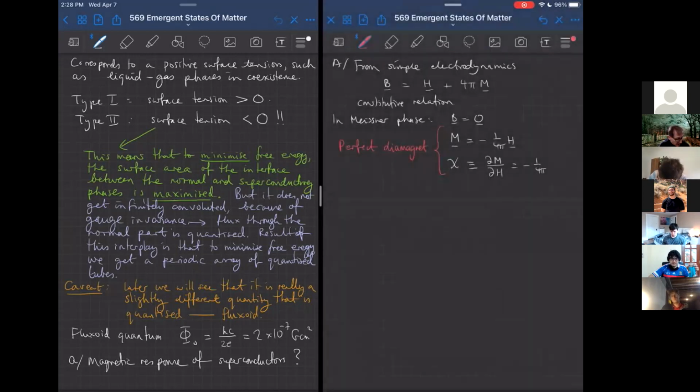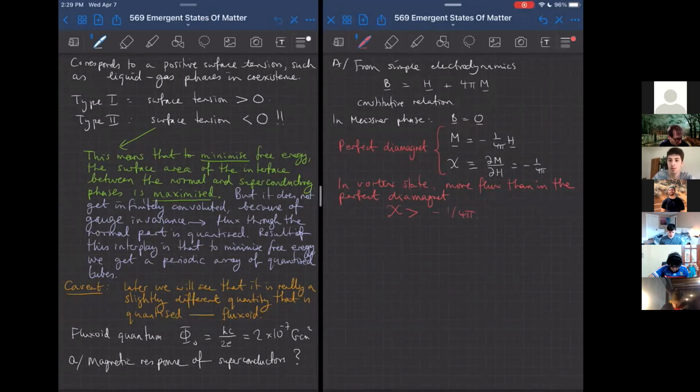Okay, so what happens in the vortex state? Then obviously there's more flux. And so that means that chi is going to be greater than -1 over 4 pi.